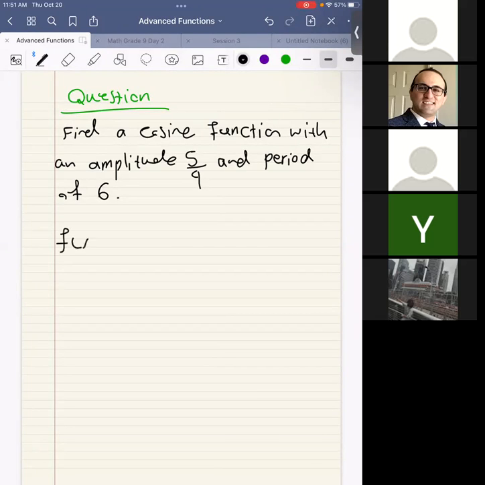So f of x is equal to, so the amplitude is 5/4. So you have 5/4 times cosine of what? We know that the period is 6. So that means, because the period is 6, you have 2 pi over 6 of x.